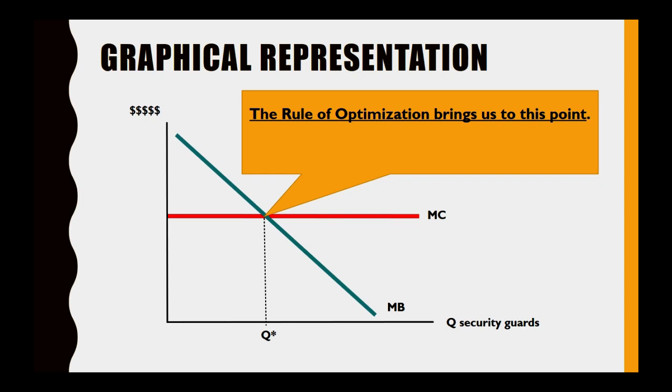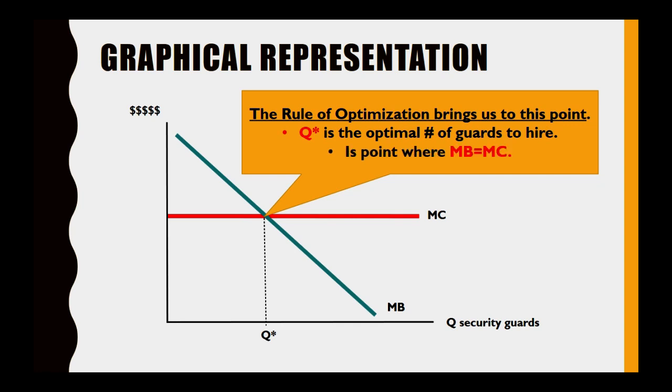Is this a Q right here? Do I want to see on our graphs Q up here? No, Q is measured on the horizontal axis. So if I ask you to show me the optimal level of output, you are labeling it on the axes. This is not a Q, right? This is a Cartesian coordinate that maps together a dollar value and a quantity. All right, so Q star is the optimal number of guards.